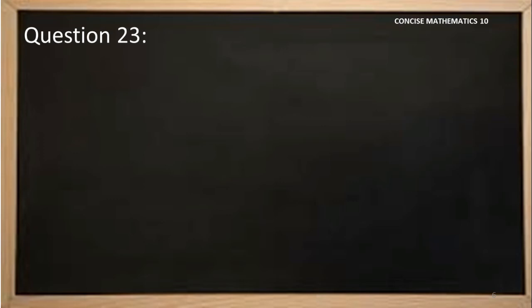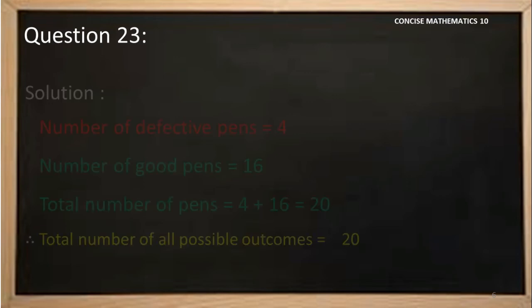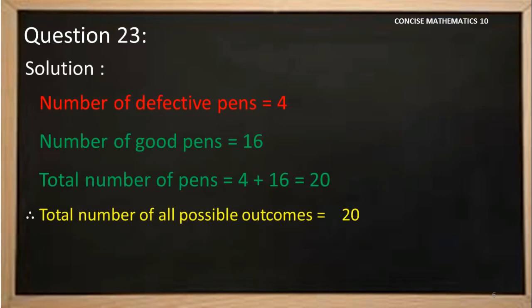It is not possible to just look at a pen and tell whether or not it is defective. One pen is drawn at random from the lot. What is the probability that the pen is defective?